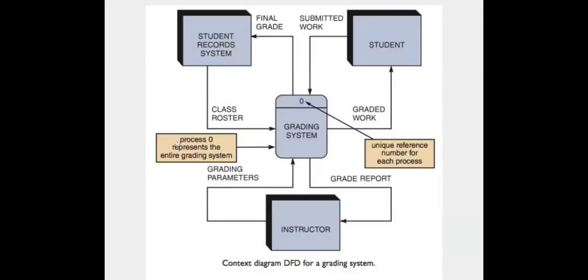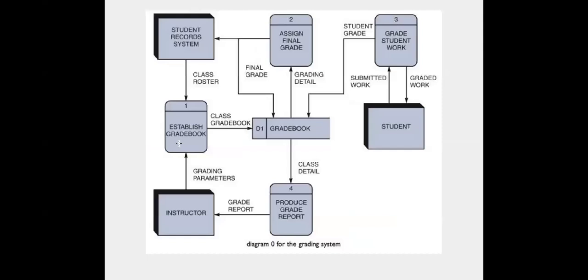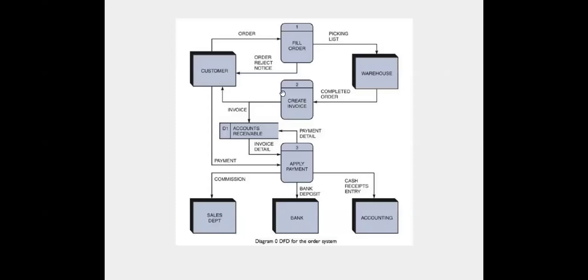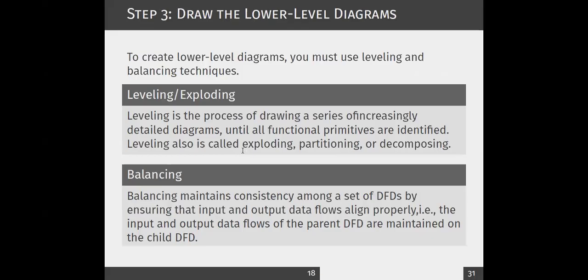This will be high level, but this time it is more detailed, and we also have data stores. That's the idea we discussed last time. Similarly, in the order system, we have a single process in the context diagram, and when you go into detail, there will be three sub-processes, and additionally you have data stores. Those are the ideas we discussed.